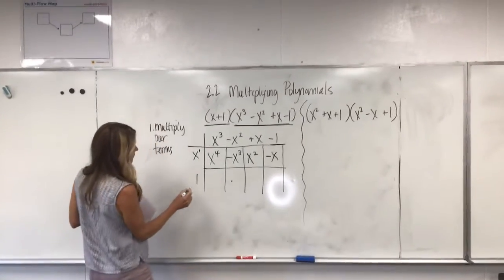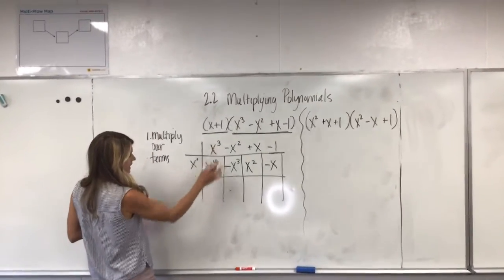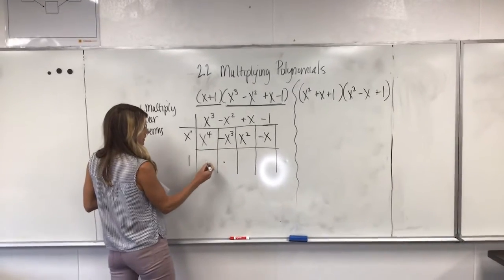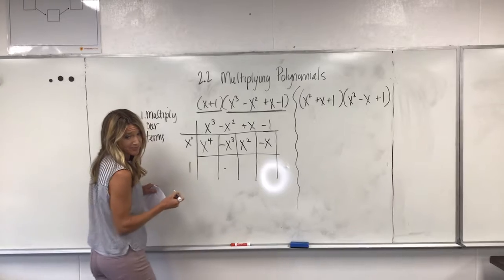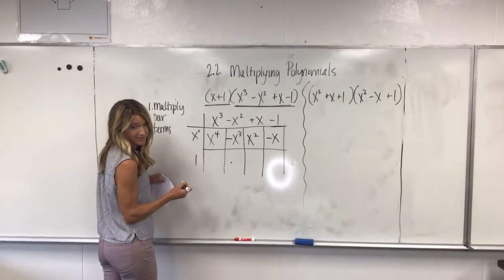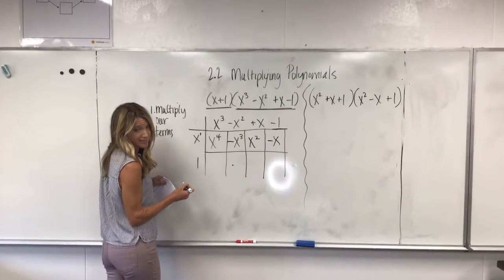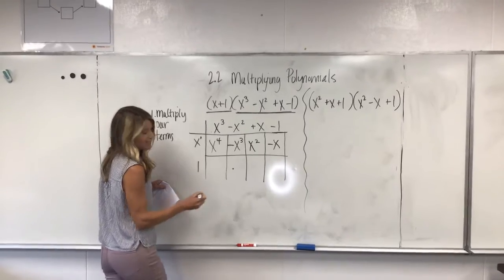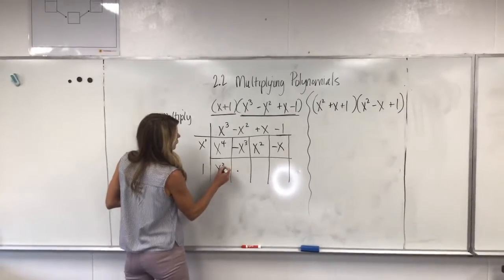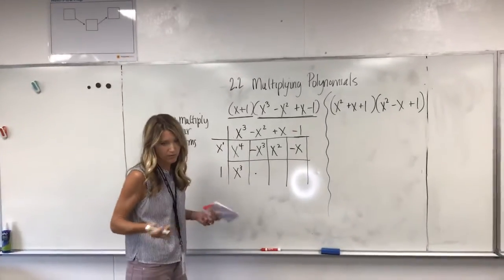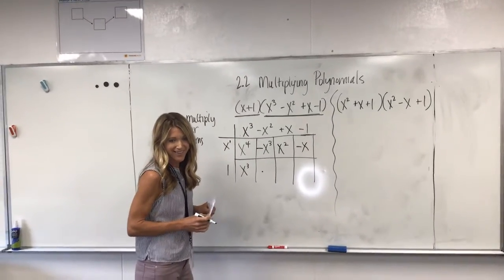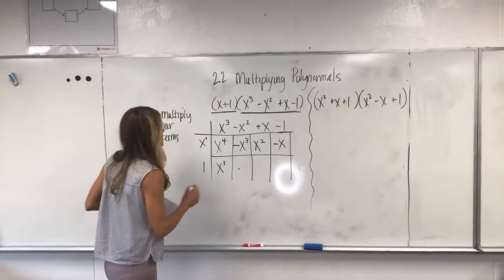Trinity. Let's multiply 1 times x cubed, and we get... Wait, x cubed times 1? Yes. 1x cubed? I don't know. Yes. No, you got it. Because anytime we multiply anything by 1, it's just whatever we multiplied it by, right? Does that make sense? Okay, awesome. Let's keep going.